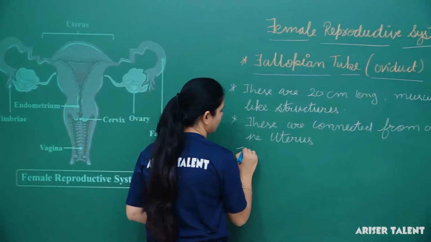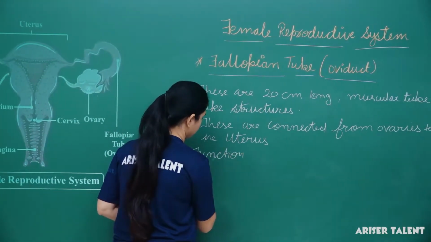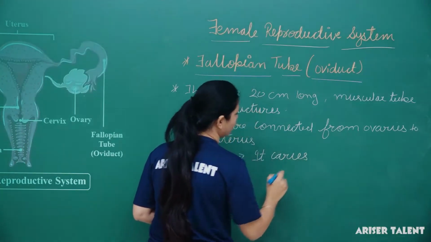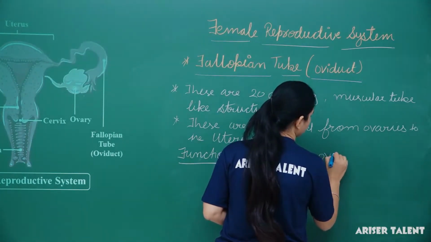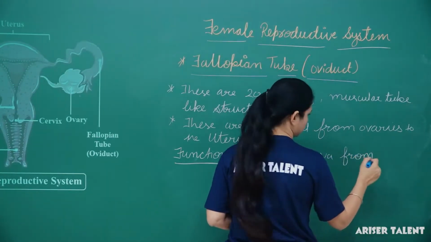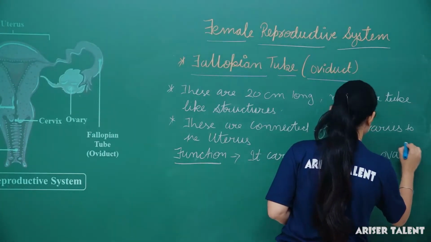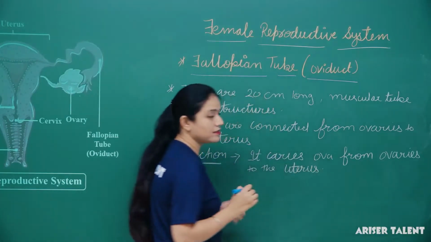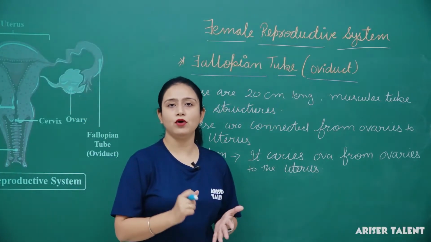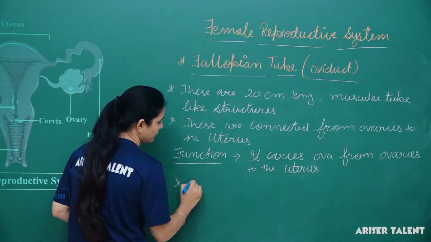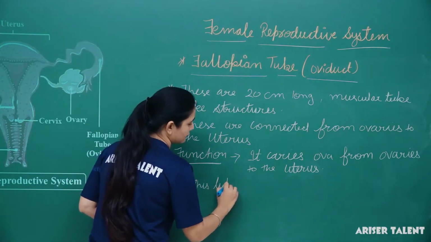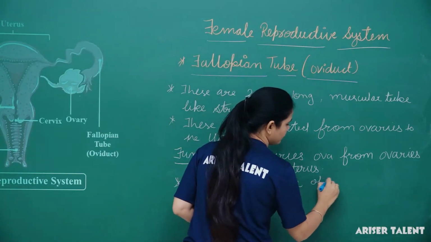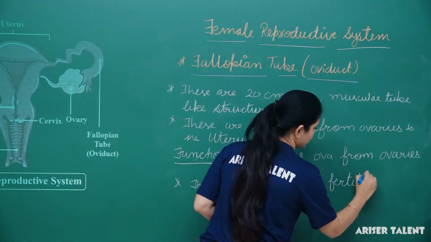If we talk about the function, this tube carries ova from the ovaries to the uterus, as well as this fallopian tube is the site of fertilization of the egg.